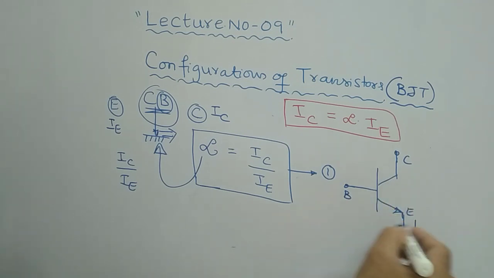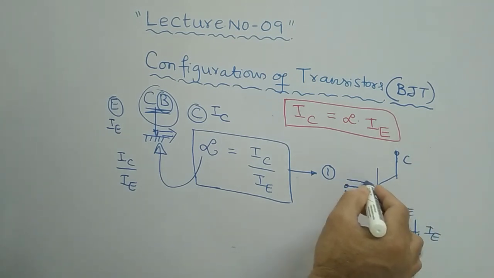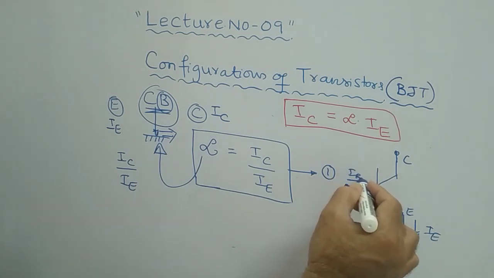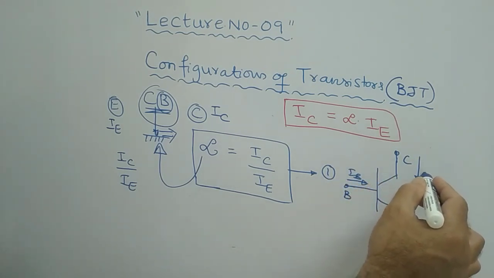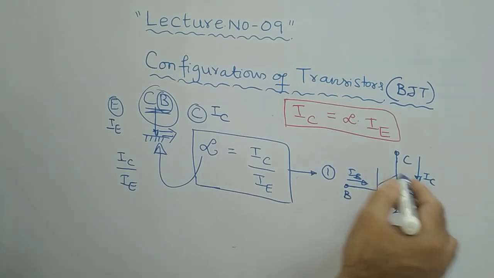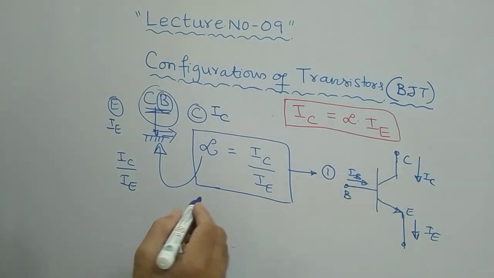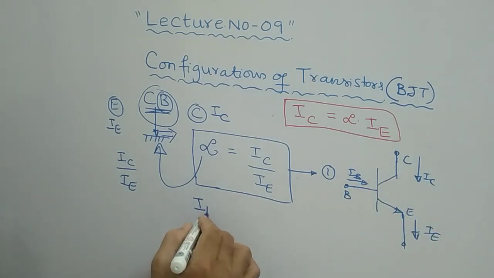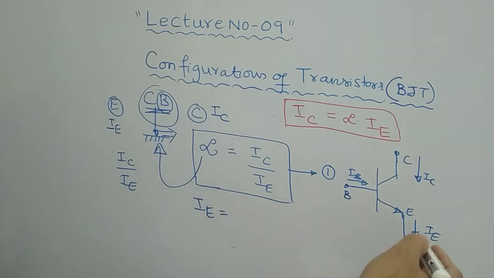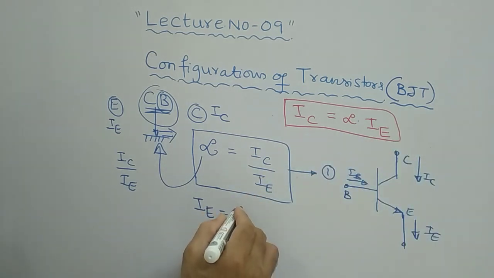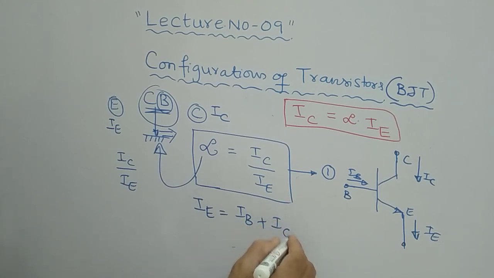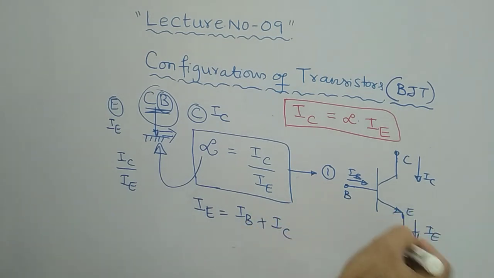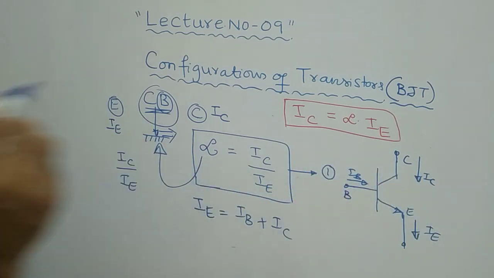Let us say it is an NPN, then the current flow is: IE goes out, IB goes inside and IC comes inside. What is the relation between these three? The emitter current IE is equal to base current plus collector current, is it not? So the emitter current is equal to the sum of base current and collector current.